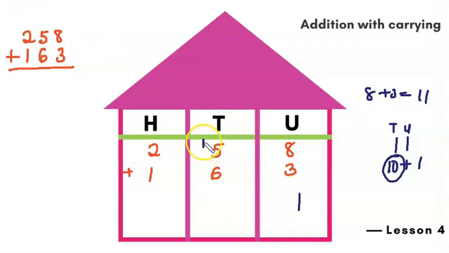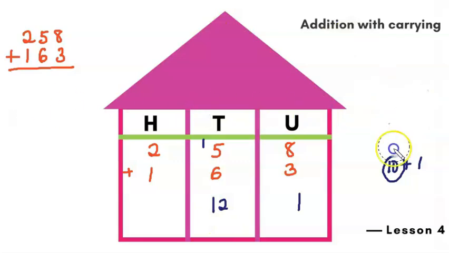Now we already have a 10. So that means we have 1 plus 5 plus 6. 1 plus 5 is 6, and 6 plus 6 is 12. Then we have 12 tens. Wow. 12 tens.